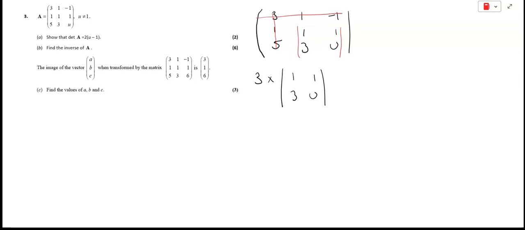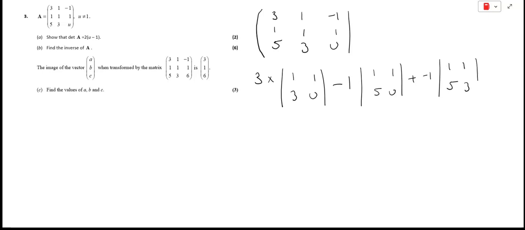And then when we do the middle one, we've got to put a minus in front and do a similar process where we cross out the middle row and the top line, and then we're doing minus 1 times the determinant of 1, 1, 5, u, plus, and then it's minus 1 times the determinant of 1, 1, 5, 3.